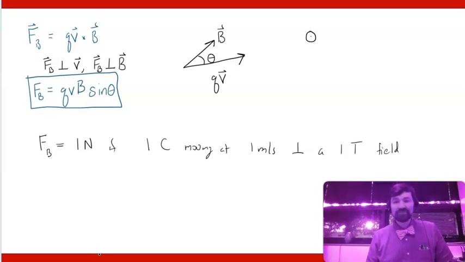You can have the field pointing out. So this is out of screen or page or board or whatever. You can have them pointing in. So this would be into screen or page or board or what have you.